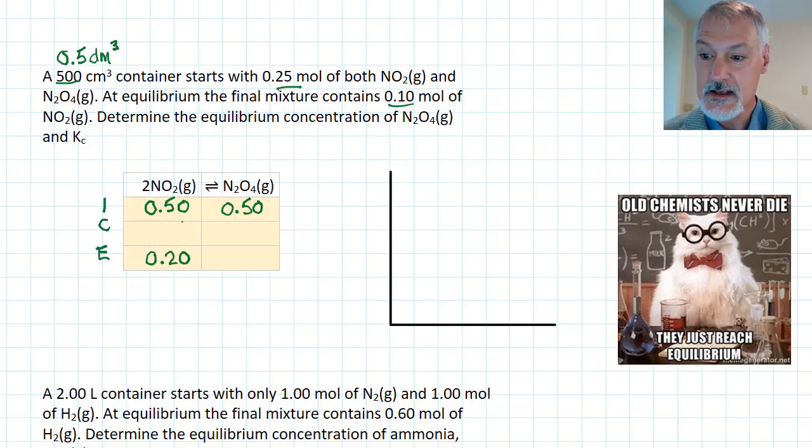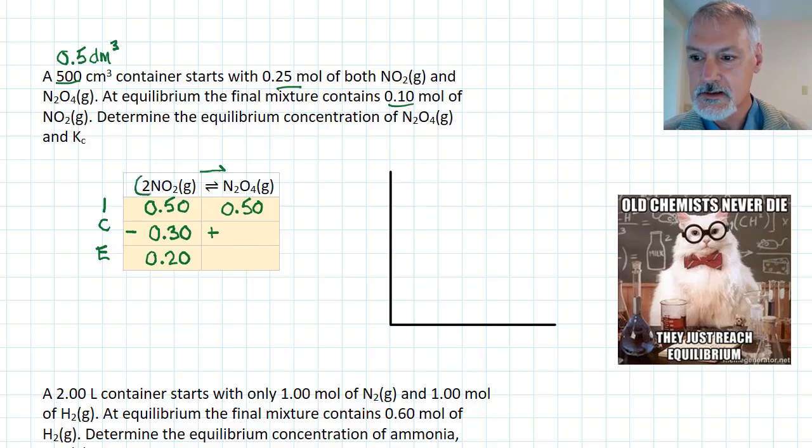So I can identify from this that this species is going down. That would then suggest that the product must be going up. So the reaction must be going this way if this amount's dropping. Now I can identify what the change is here. It changed by 0.3. Now what will the change be here?